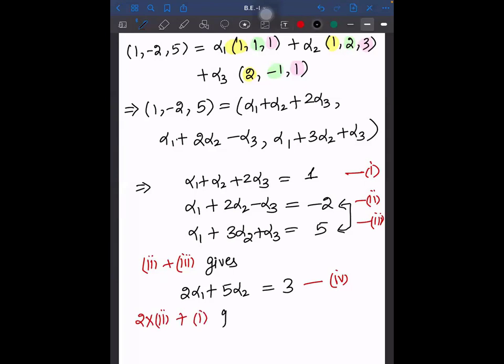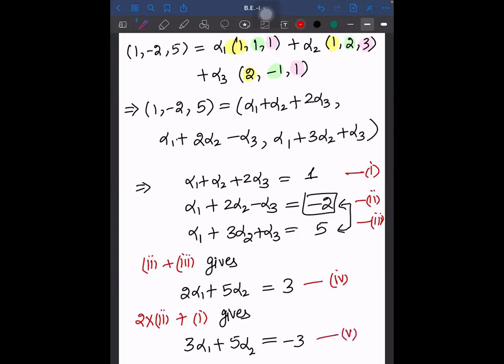That gives us 2 alpha 1 and alpha 1, so 3 alpha 1, 4 alpha 2 and alpha 2, so 5 alpha 2. And -2 alpha 3 and 2 alpha 3 get cancelled. And here -4 and 1 becomes -3. So now I have the fourth and fifth equations, so I can solve them.